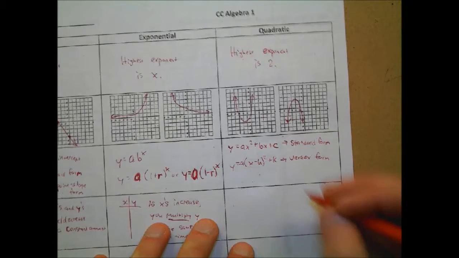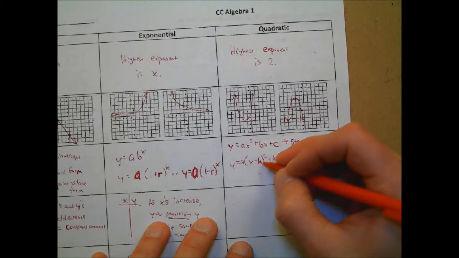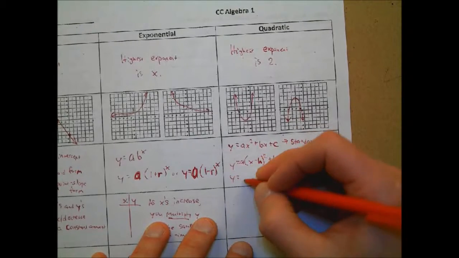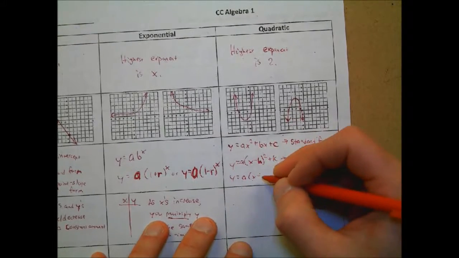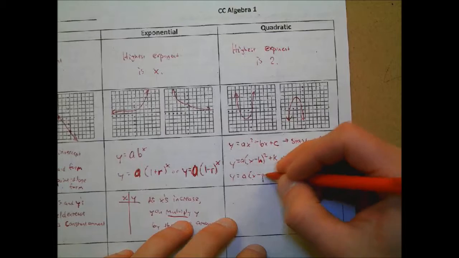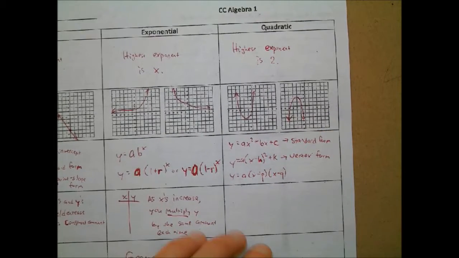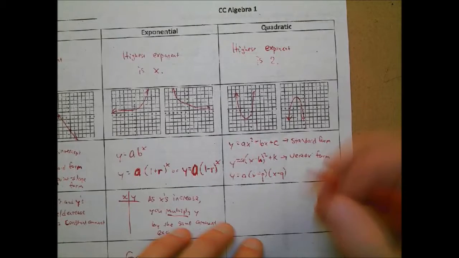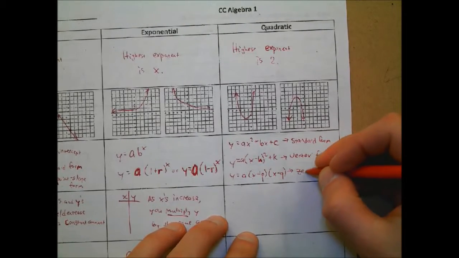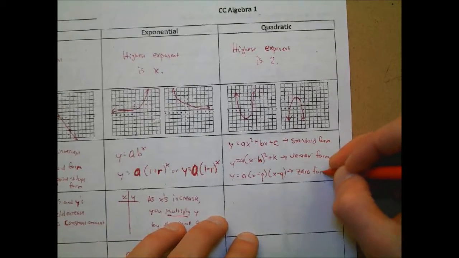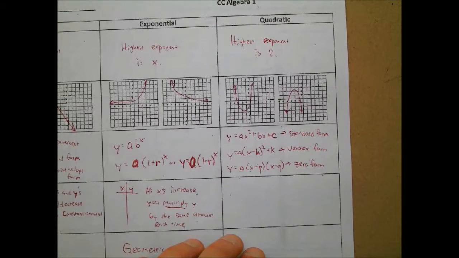Right, and we have the zero or x-intercept form, and that looks like this. I think it was like p and q, right? Isn't that what we used? Something like that, I think.